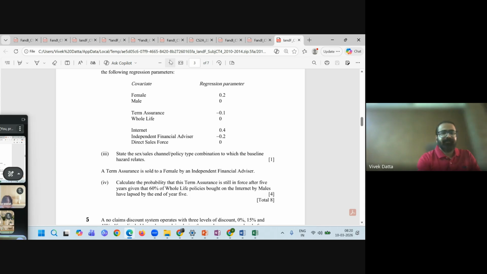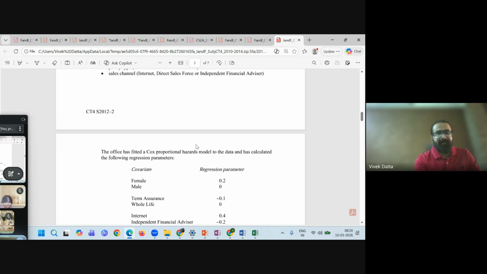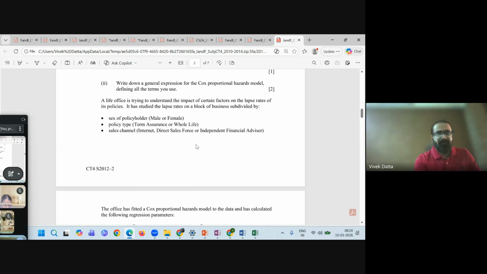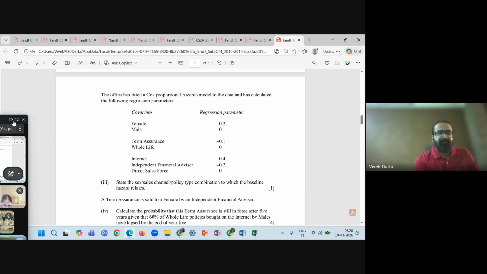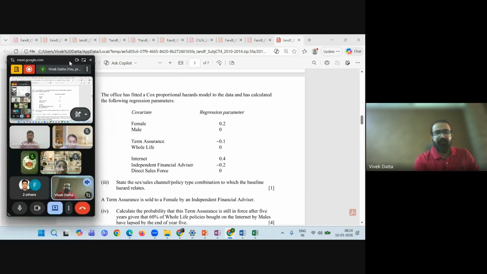You have to write: state the sex, sales channel, policy type combination to which the baseline hazard applies. That's your first question.